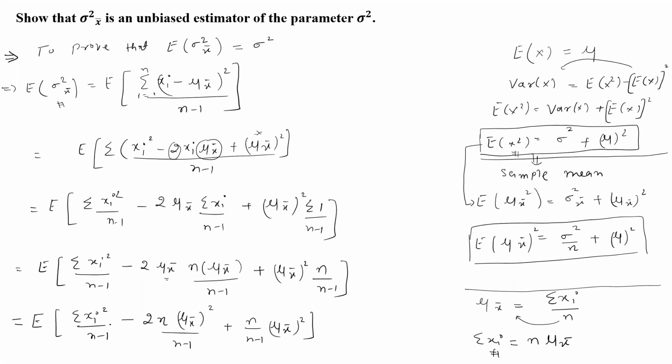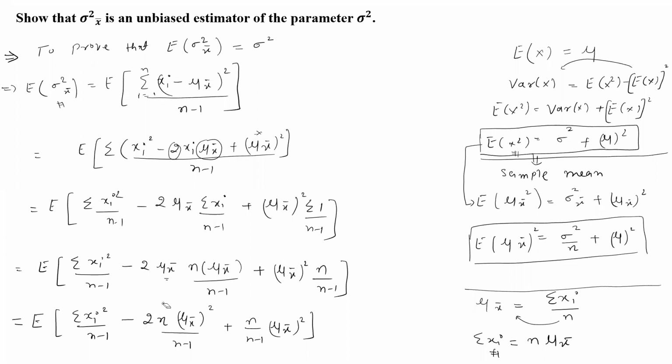Okay, so now we have minus 2 n by n minus 1 mu x bar whole square, and we have n by n minus 1 mu of x bar whole square. So minus 2 plus 1 time. So when you combine this term and this term, minus 2 plus 1 becomes minus 1.